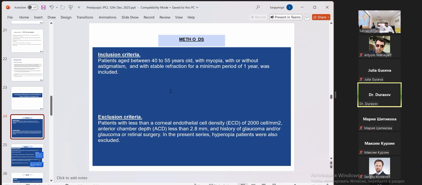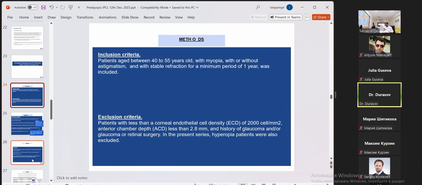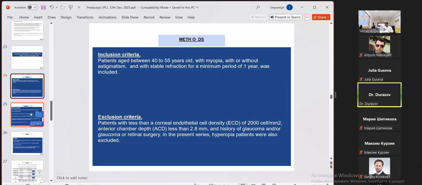If there is any history of glaucoma or retinopathy or any other ocular diseases, then he or she will not be fit for the presbyopic IPCL.